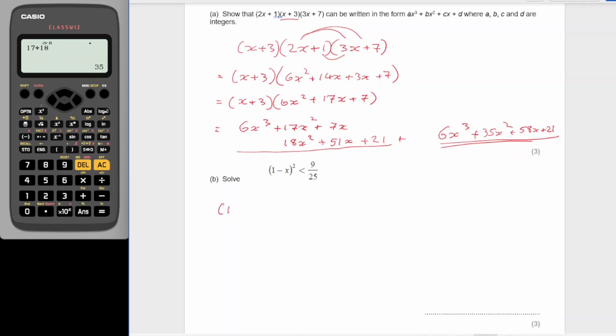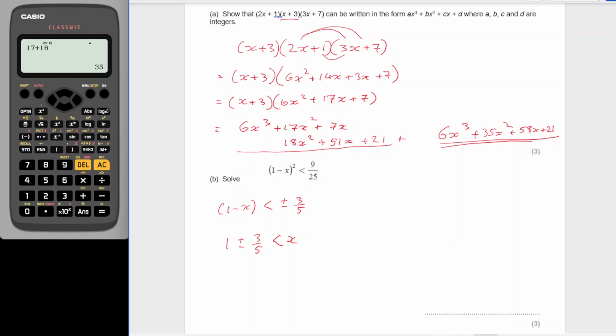So I'm going to square root both sides. That will give me 1 minus x has to be less than plus or minus 3 over 5. So if I move these over to the other side, I've got 1 plus or minus 3 over 5 has to be less than x.